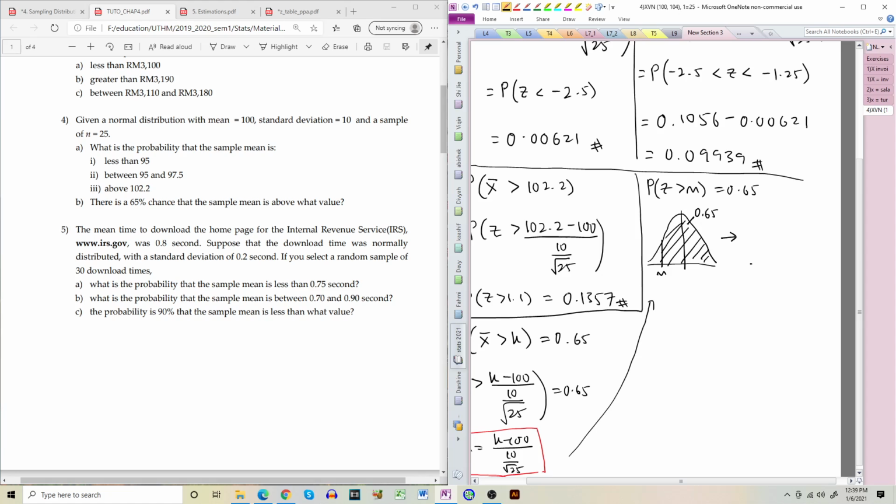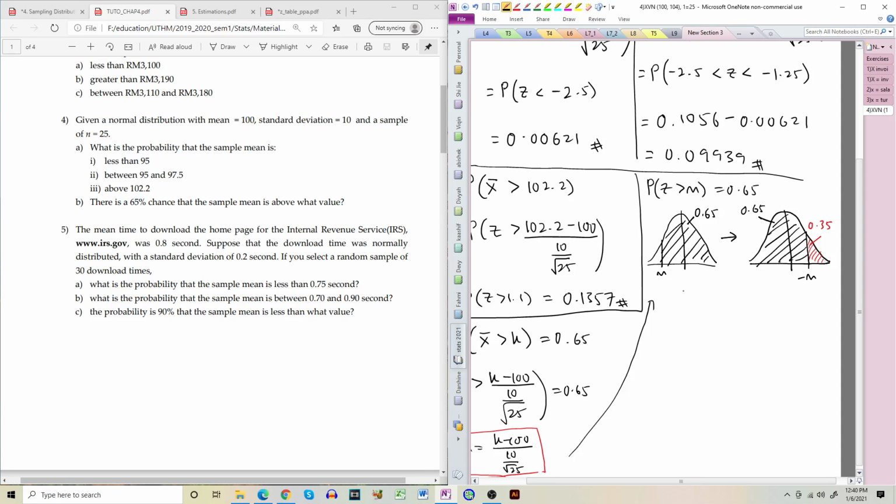If I convert this to the right hand side, remember when we convert this to the other side, this should be negative, and this is our 0.65. And what about this? Because from the table we need to read from the right hand side, this would be 0.35.